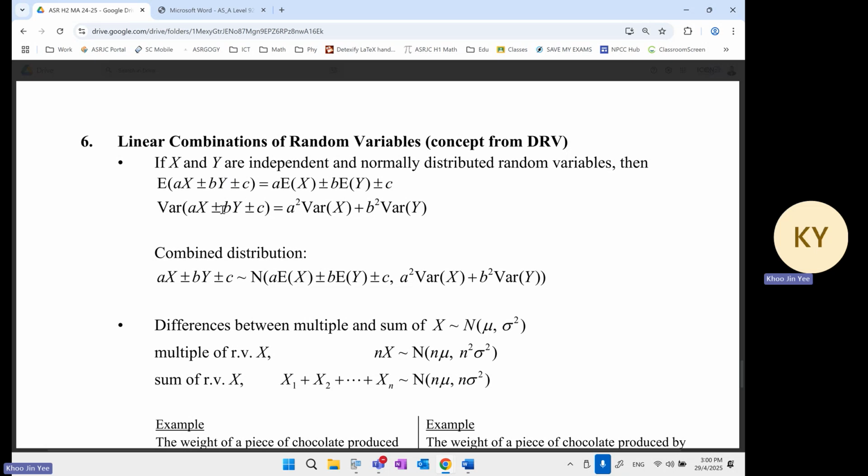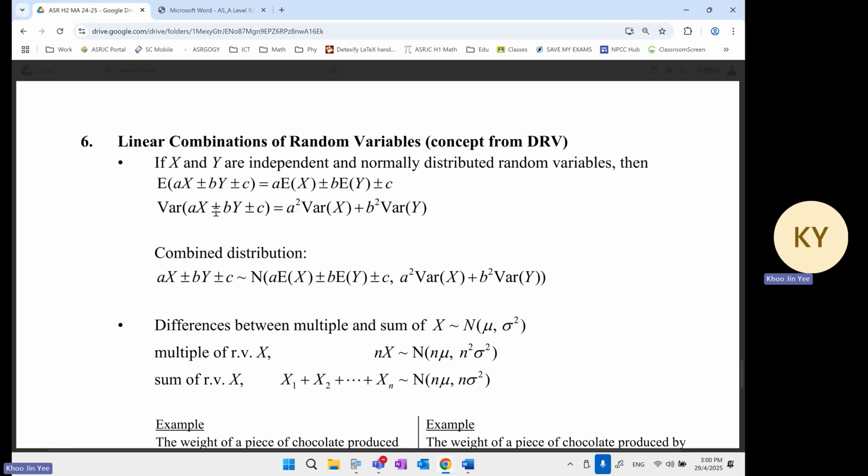Now I've mentioned before, when you add two quantities together, the error must add, so the variance must always plus. Because when you multiply, your standard deviation is times A. So when you square your standard deviation, your A will also square. So this becomes A squared for the variance.